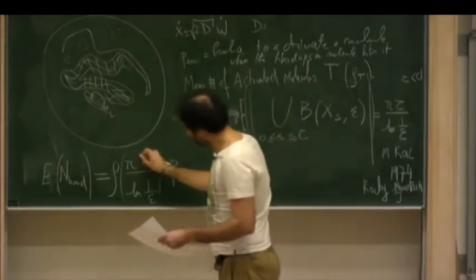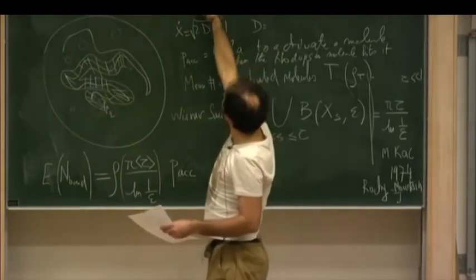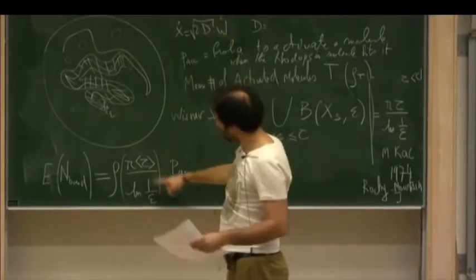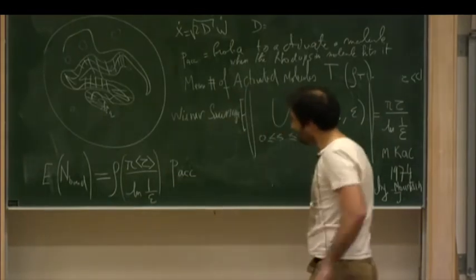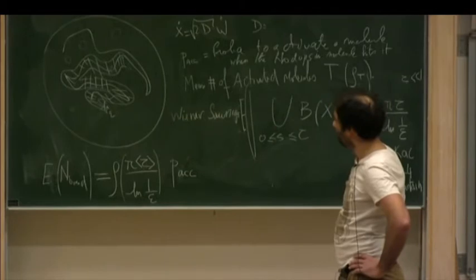And of course, we also have to average over the time, because if the time here is a random Poissonian time, you have to average over your mean Poisson process, and you get tau mean.